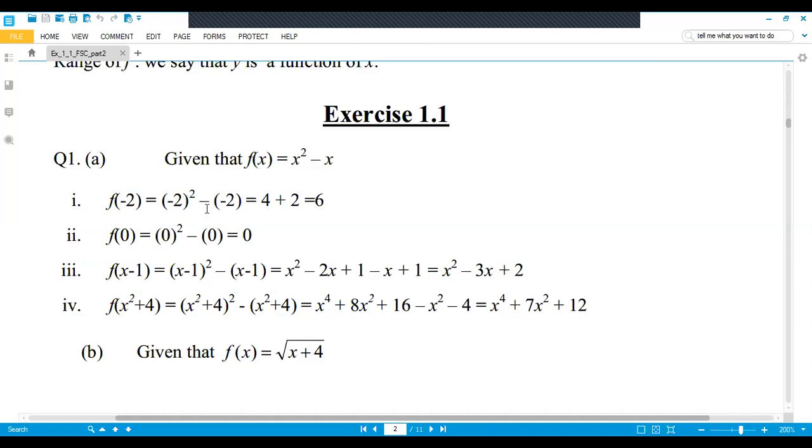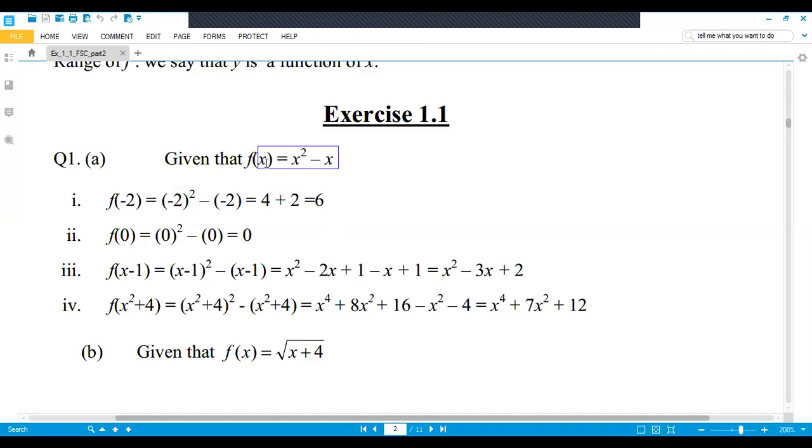Then the minus sign stays as it is, and in place of x we put minus 2. Now open the bracket: minus 2 square is equal to 4, and minus into minus is plus, so 4 plus 2 is equal to 6. So we get f of minus 2 is equal to 6.